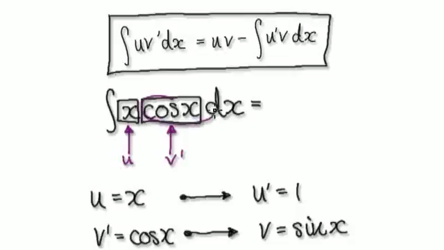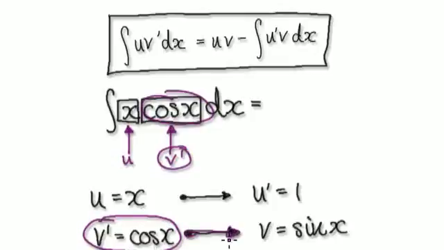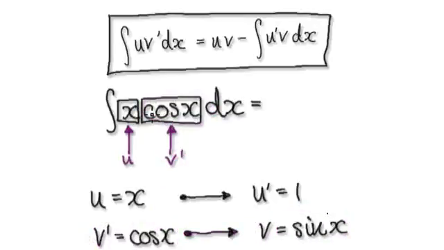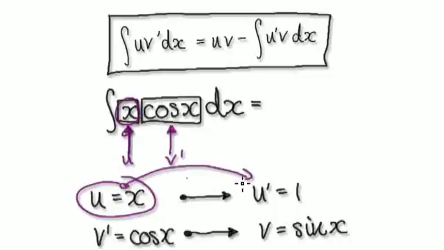Well, we are letting this thing here be v prime. If v prime is cos of x, then integrate it. So v must be the integral of this, which will be sine of x. Okay, so to integrate this whole thing here, let this be u, and then if u equals x, then u prime will be 1.